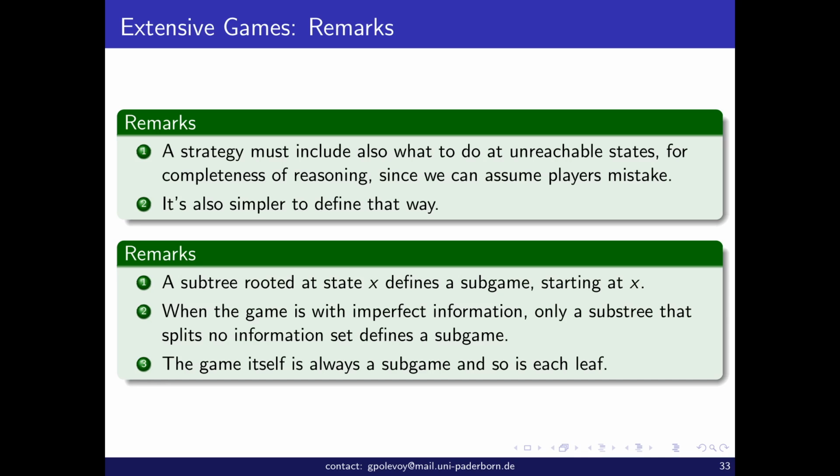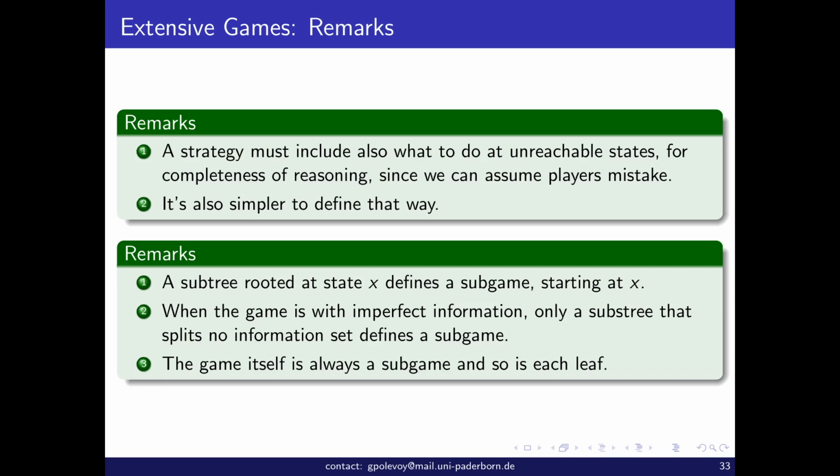We do that also for completeness of reasoning, since we can assume players make mistakes. Actually, we don't have to do it if you can never reach the state given the probability of nature with positive probability, because then it will be anyhow weighted out. But that's a delicate thing.